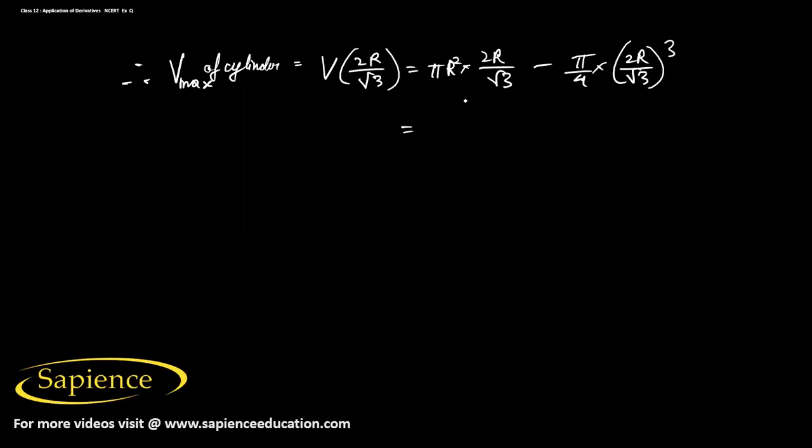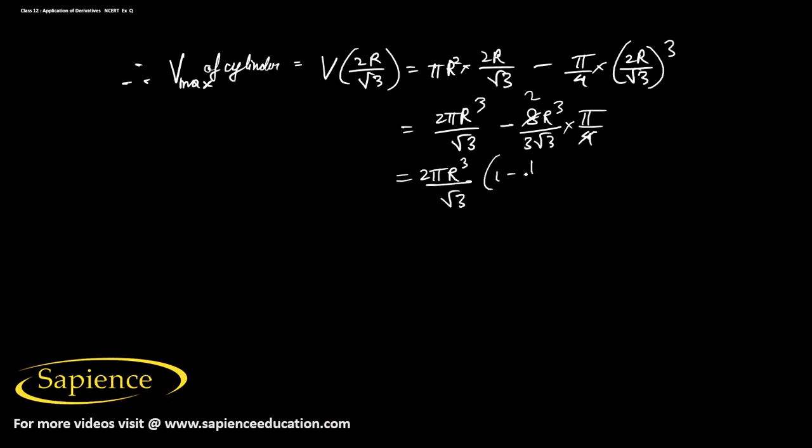So that will be equal to 2 pi r cube by root 3 minus, this will be 8 r cube by 3 root 3 into pi by 4. So 4 2s are 8. So this will be, 2 pi r cube by root 3 I can take as common.